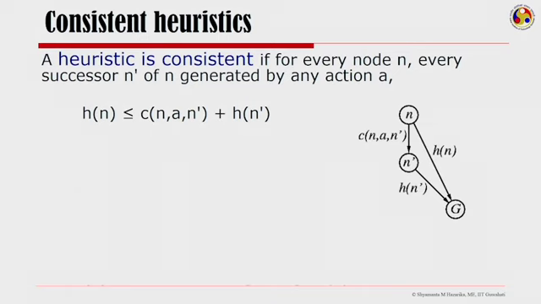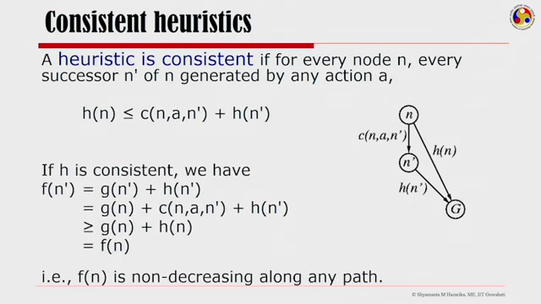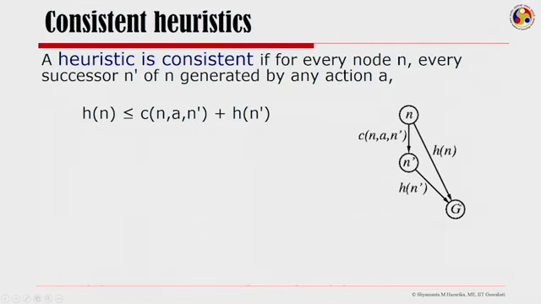So let us look at what we mean by a consistent heuristic. Let us say we have the cost given to us from n to a successor node, and the total estimated cost to the goal is h of n. Given another successor node n prime of n generated for any n, h of n would be the cost of coming from n to n prime because of an action A, and then going down by an estimate at n prime, which is h of n prime to the goal.